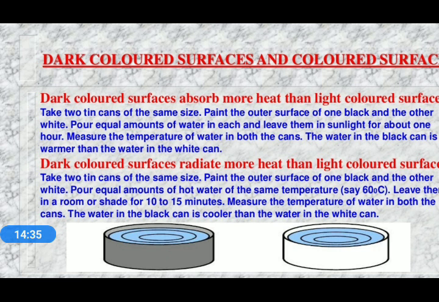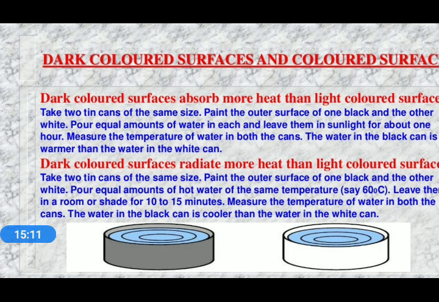Take two tin cans of the same size, paint the outer surface of one black and the other white, pour an equal amount of water in each and leave them in sunlight for about 1 hour. Measure the temperature of the water in both cans. The water in the black can is warmer than the water in the white can.